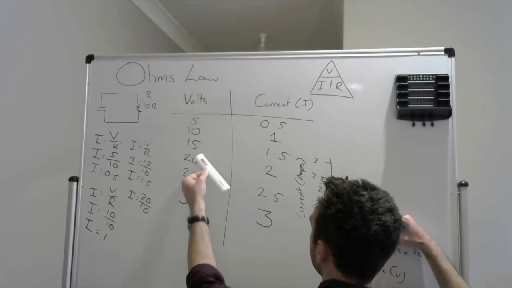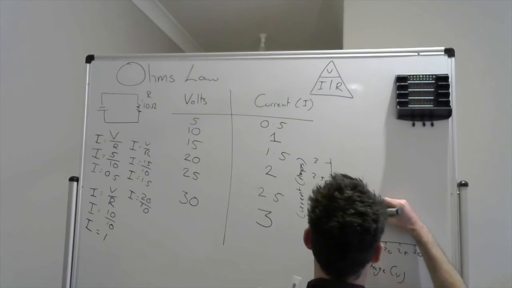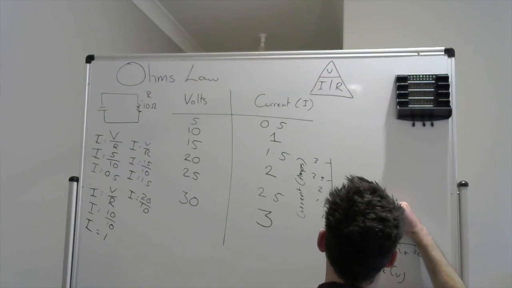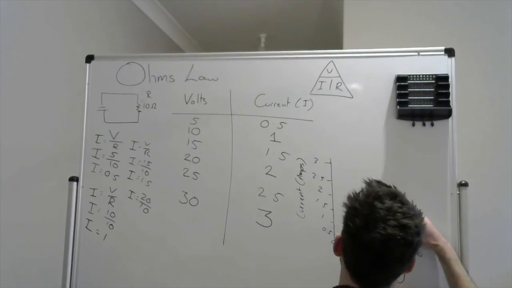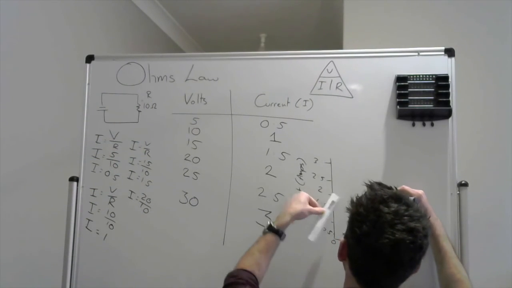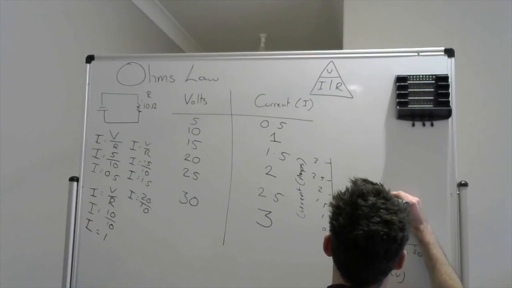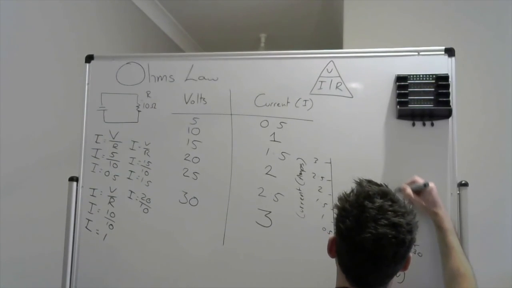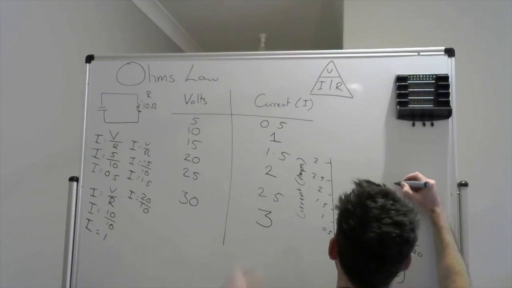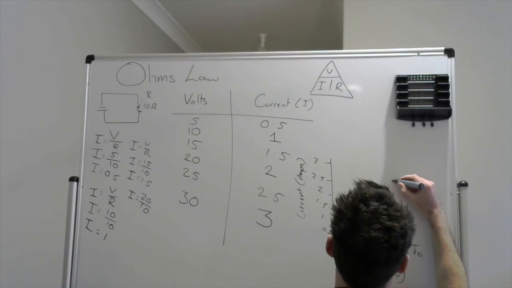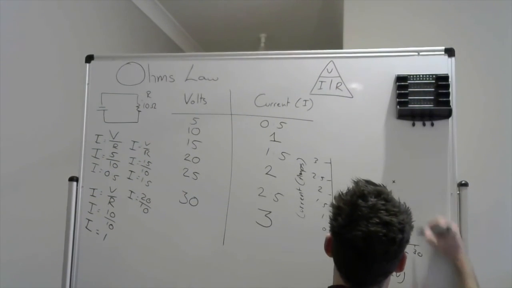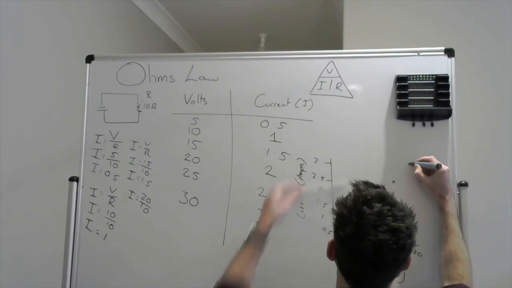For 15 volts, our current was 1.5. For 20 volts, our current was 2. 25, it was 2.5. And for 30, it was 3.